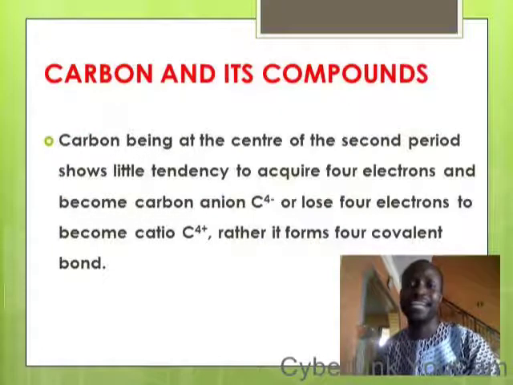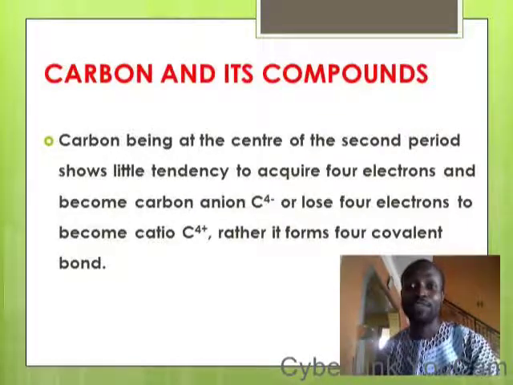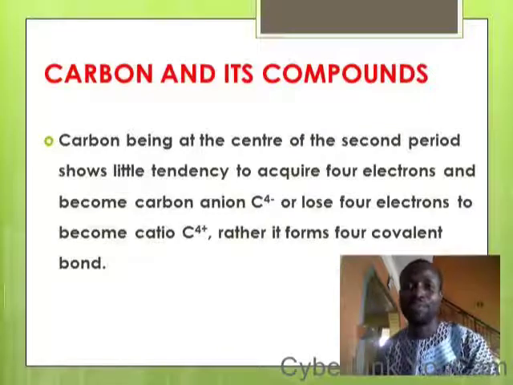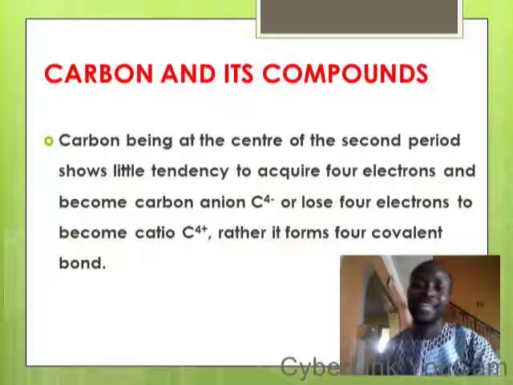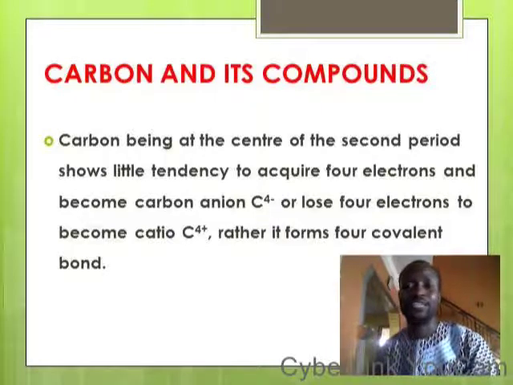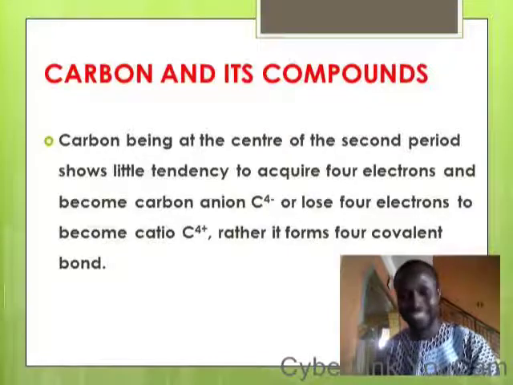Carbon, being at the center of the second period, shows very little tendency to acquire 4 electrons and become a carbon anion, or lose 4 electrons to become a cation. Rather, it forms 4 covalent bonds.